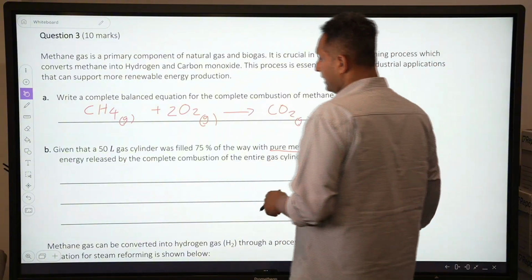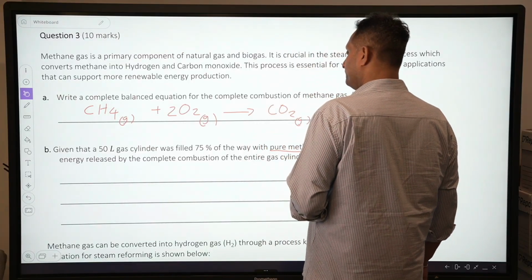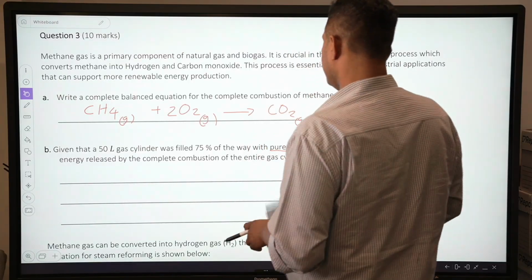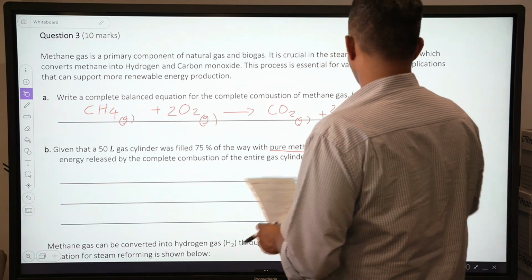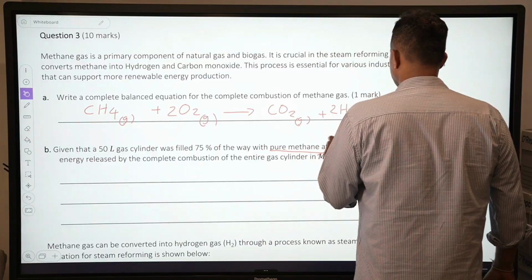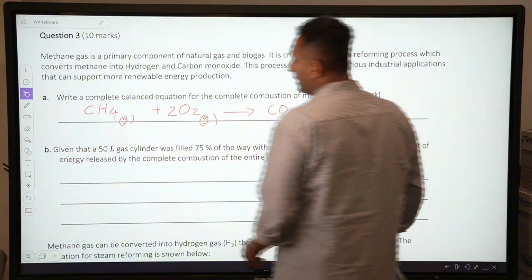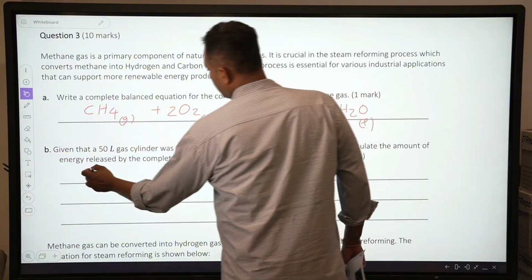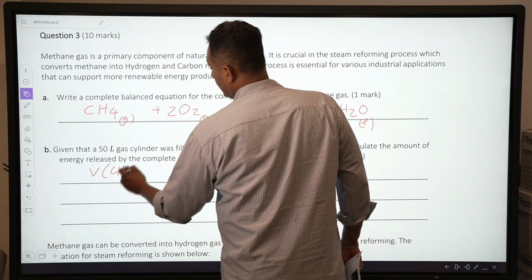Firstly, you need to find out the volume of the methane, at SLC condition. I nearly missed the condition. So what is the volume of the methane? Volume of CH4 is not 50.